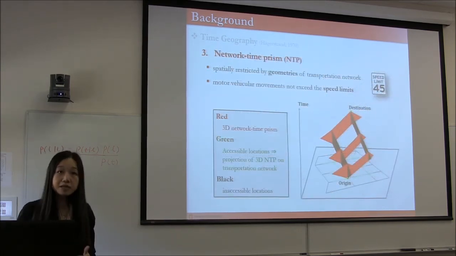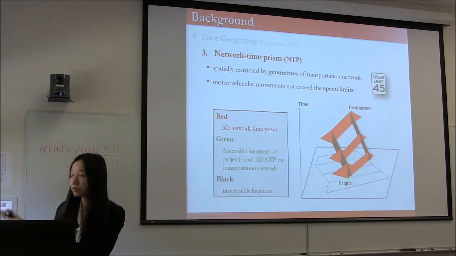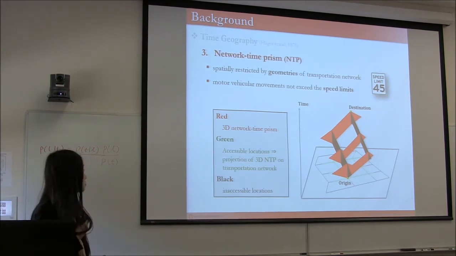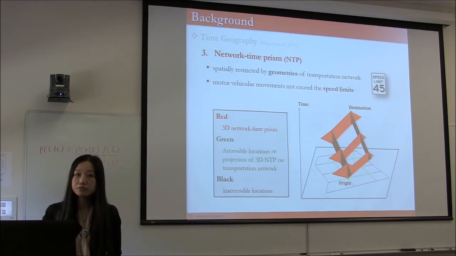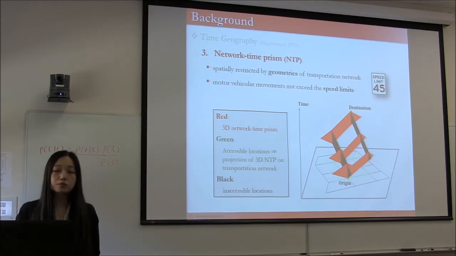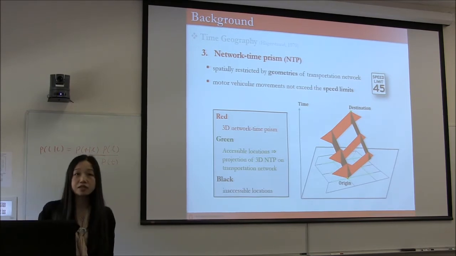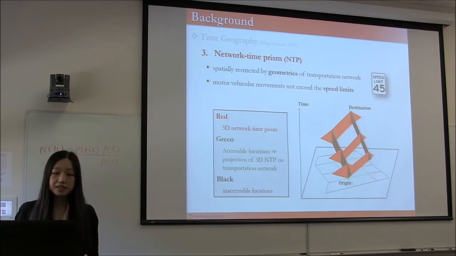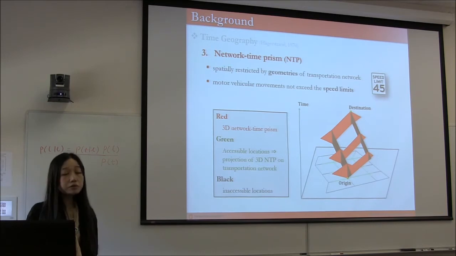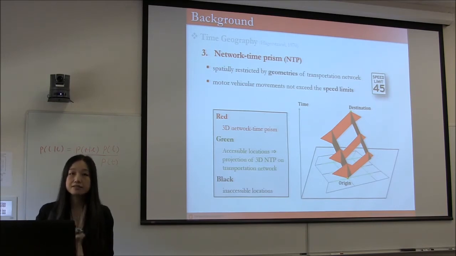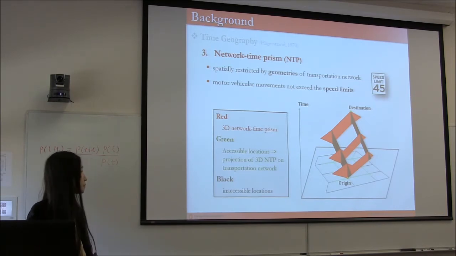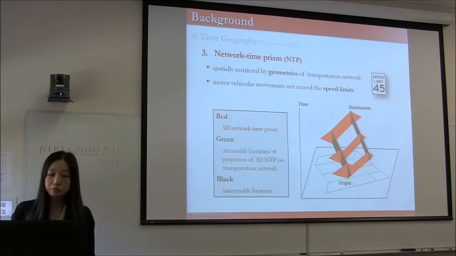Movements in the real world are usually restricted by the geometries of the transportation network, as well as the properties of the network, such as speed limits and turning restrictions. The network time prism is the prism that is built upon a transportation network.